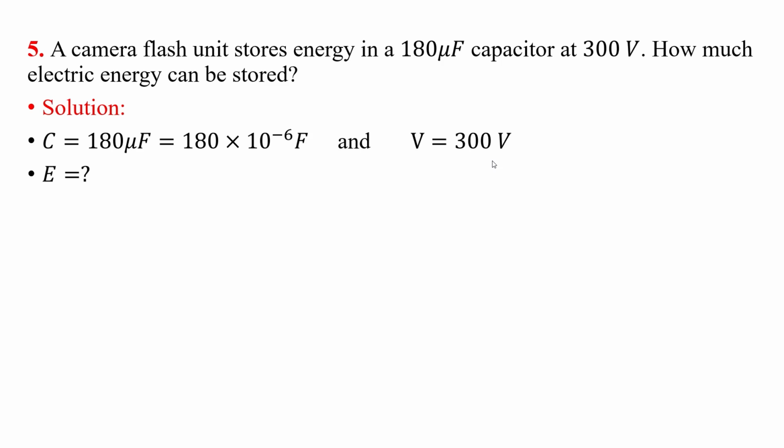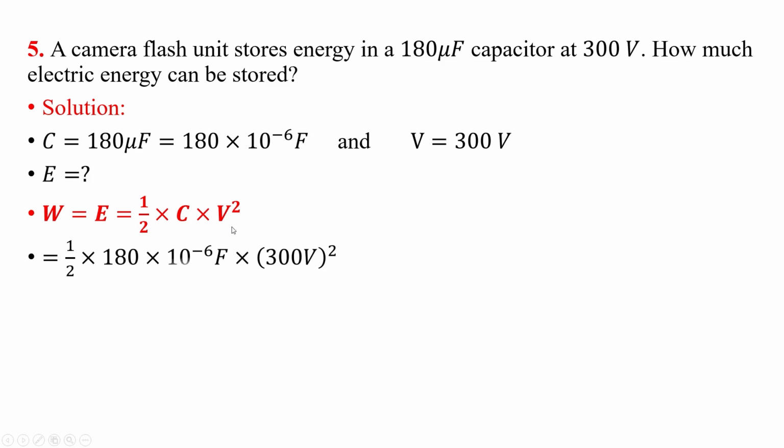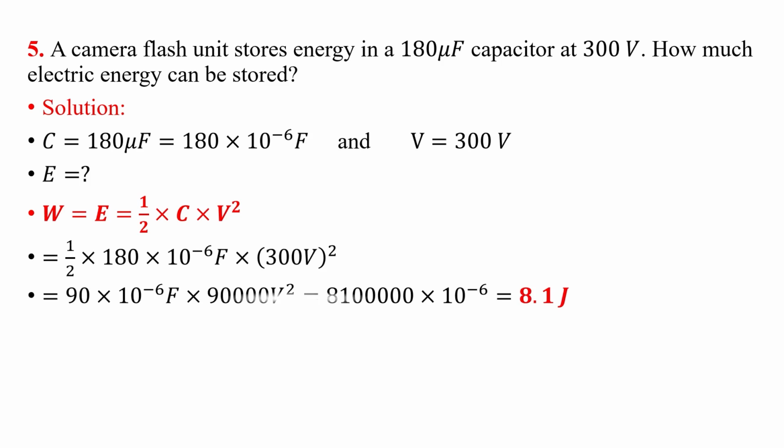We know that work is also equal to the energy. So energy is equal to 1 over 2 into capacitance multiplied by V square. Putting the values in the equation and doing the calculation, we get the final value of the energy as 8.1 joule. So this 8.1 joule of energy is being stored inside the camera flash.